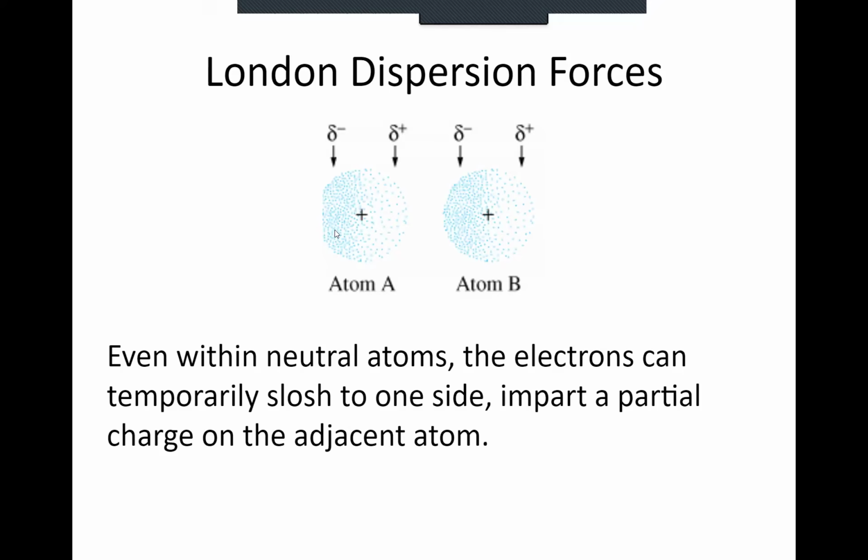And if atom A, just momentarily for a fraction of a second, has more electrons on the left side of its nucleus than on the right side, that would induce an attraction for the atom B next to it, its electrons to slosh towards the dearth of electrons on the right side of atom A, because here's a partial positive charge, and well, partial positive charges attract partial negative charges in the adjacent atom over.